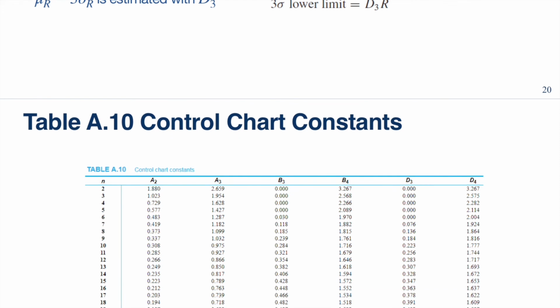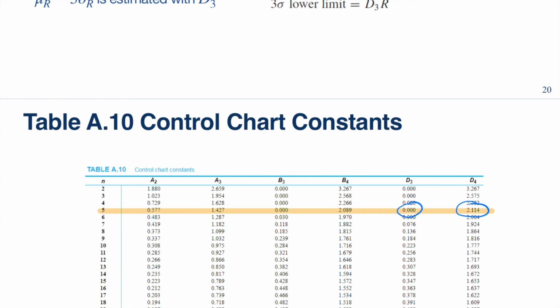In this particular example, we look into the table. The table has some constants: A2, A3, B3, B4, D3, D4. The key point is that our sample size is 5, so this is our line of interest. We are looking at D3 and D4. D3 is 0 and D4 is 2.114.